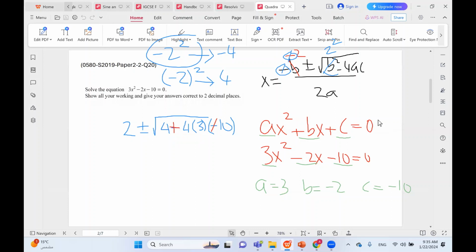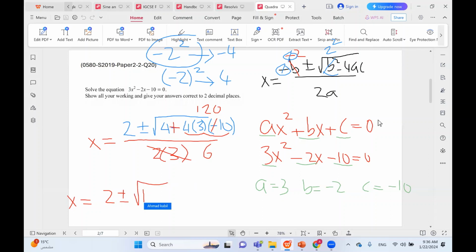And 4 multiplied by 3 multiplied by 10 gives you 120. You can even do this mentally or on the calculator, it doesn't really matter. And everything is divided by 2 times 3, which of course gives you 6. So x is equal to 2 plus minus radical of 124 divided by 6.